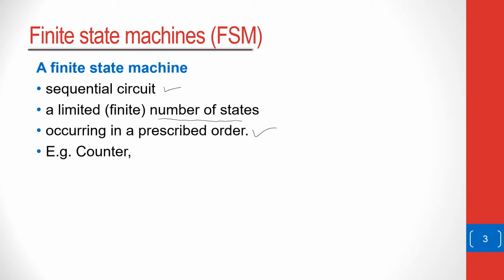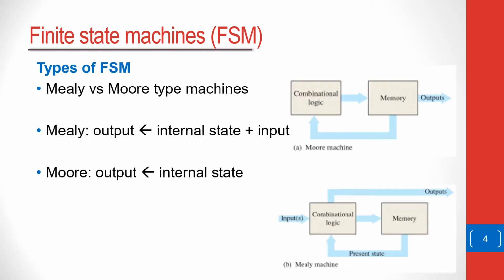So a finite state machine is a sequential circuit that goes through finite states in a prescribed order. An example of that is simply the counter, which we've looked at in the previous part, either a synchronous or an asynchronous counter.